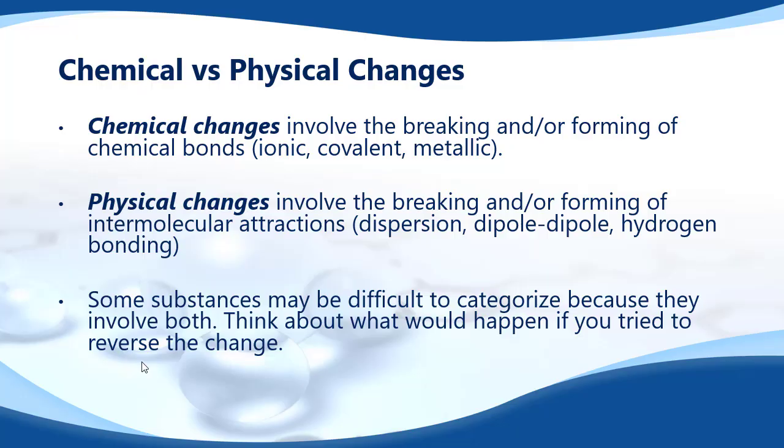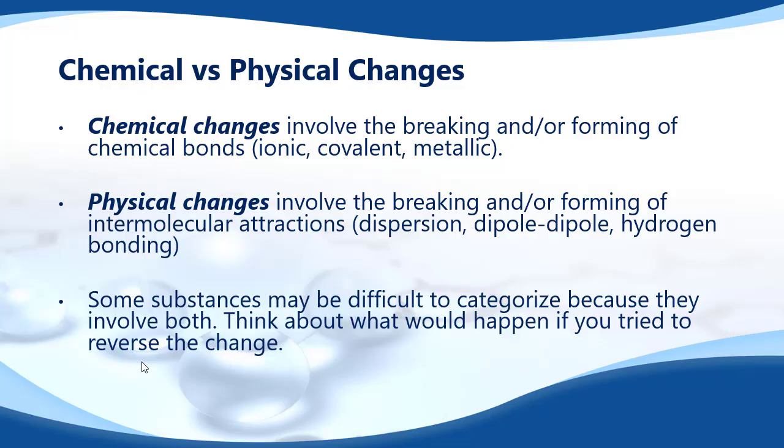A good way to work your way through it is to ask if the change could be reversible. So if we dissolve sodium chloride in water, what would happen if we just evaporated out all the water? What would it look like? Well, if we evaporated all the water out from our sodium chloride solution, the sodium and chloride ions would go back and reform their ionic bond, so it turned back into a solid, right?